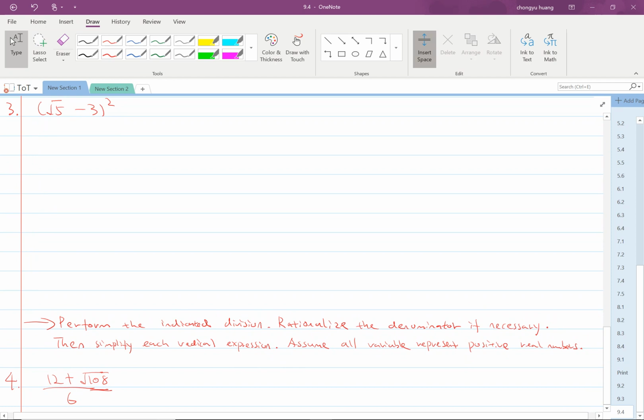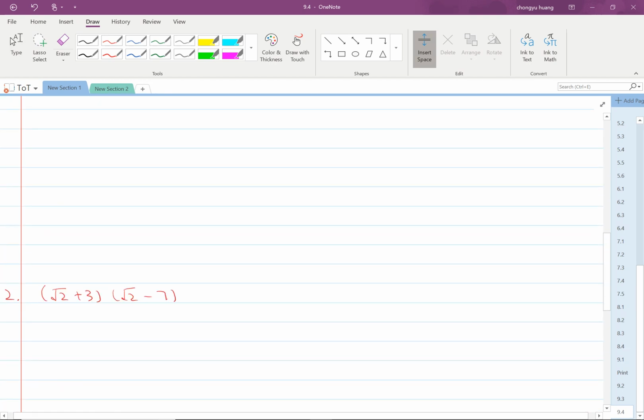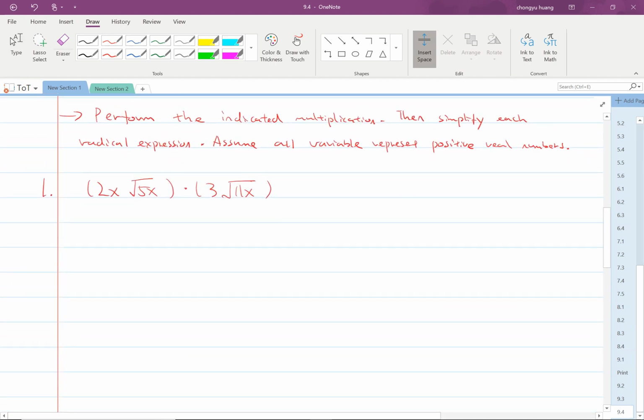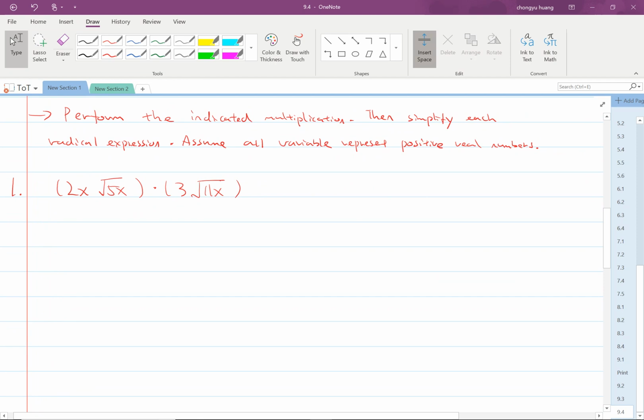Let's move into question 1. The question asks us to perform the indicated multiplication, and then simplify each radical expression.